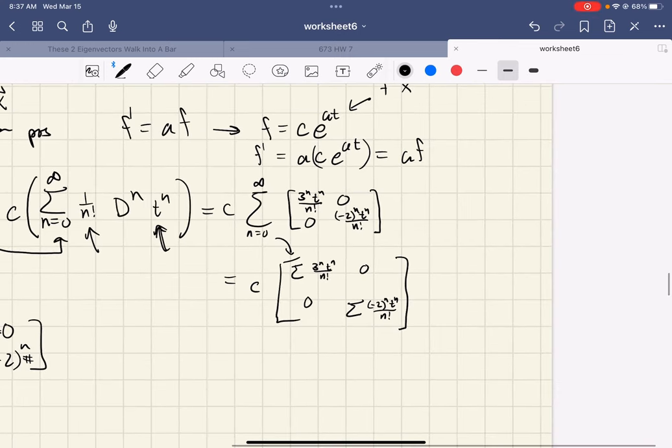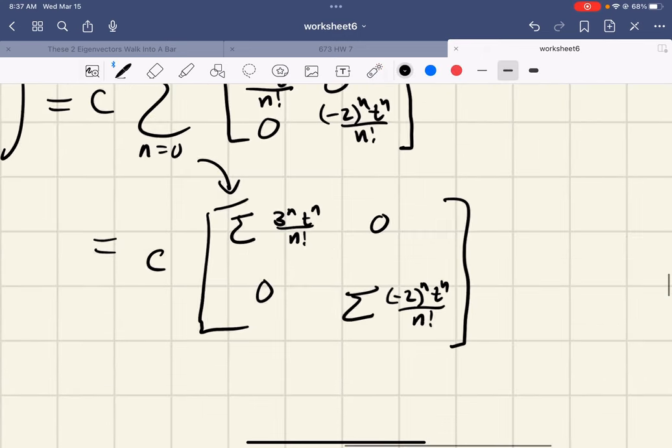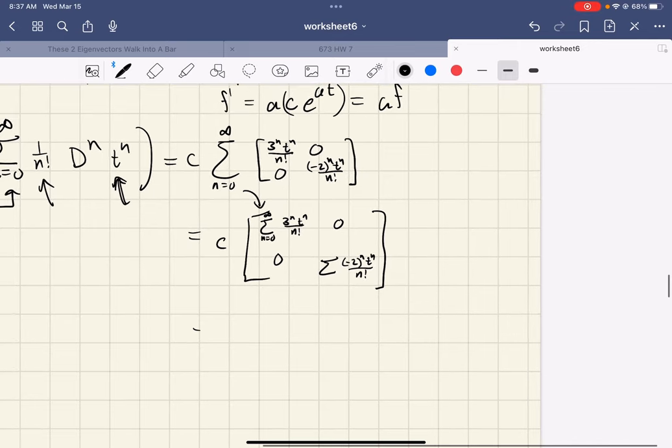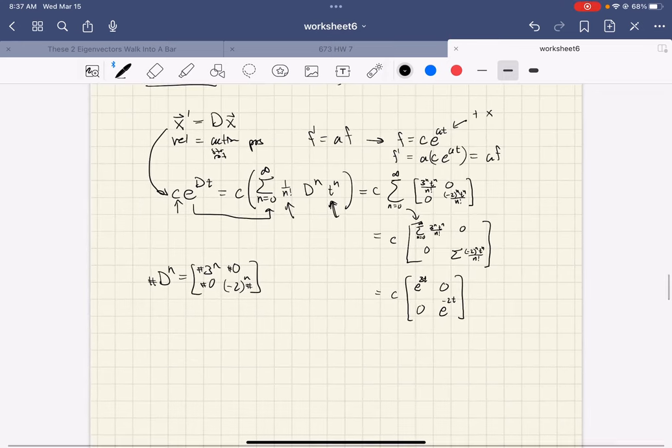So this sum popped inside. And now we should be able to recognize this object. This is that multiple out front, the thing that depends on our initial conditions. And now we have e to the 3t, 0, 0, e to the minus 2t. Okay, so we began with the diagonal matrix.